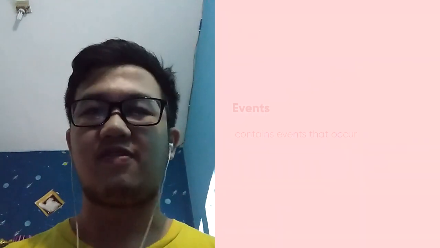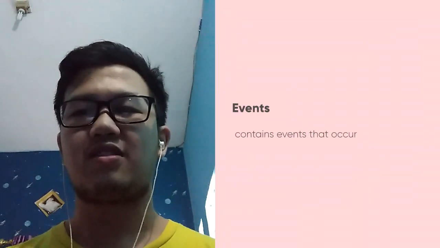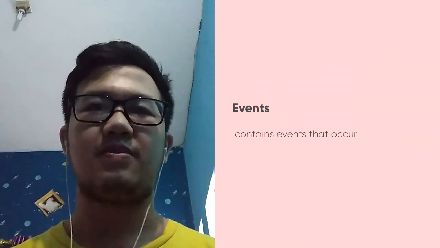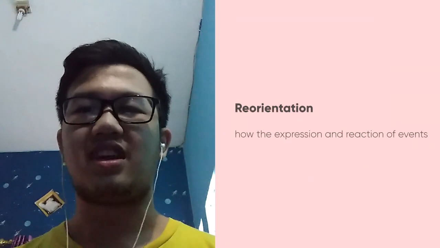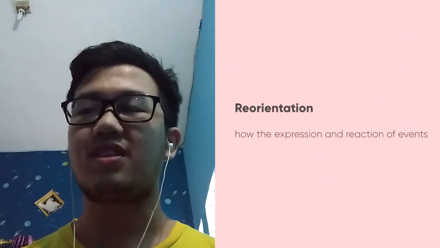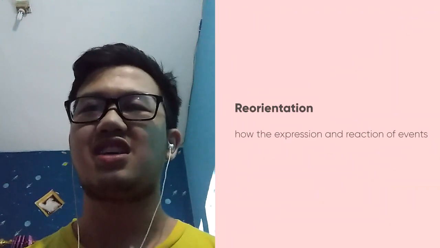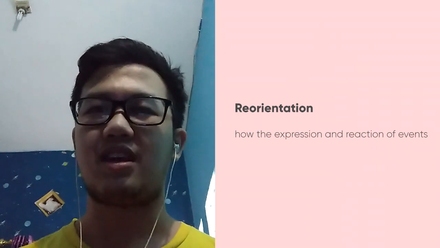The second is events, the content of the events. And the last one is reorientation. Usually this is a repetition of orientation, but this section includes a comment or impression of the events. I have an example of the context.